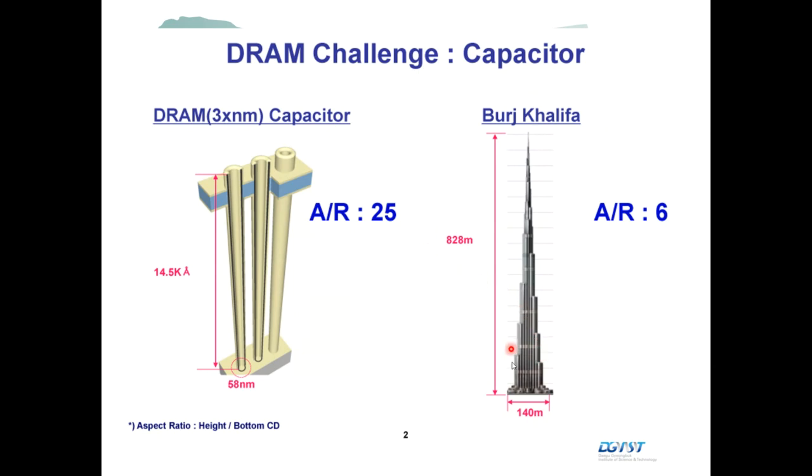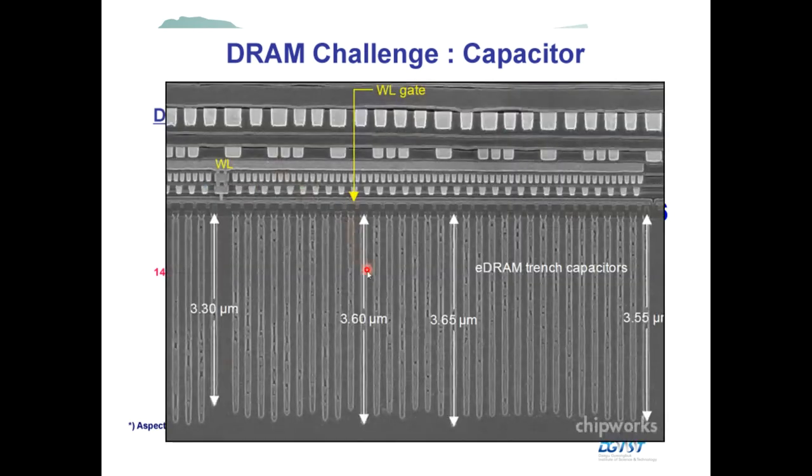The ratio between the height and the bottom, which we call the aspect ratio, is only 6. But for DRAM, the capacitor's bottom size is a few tenths of a nanometer, and the length is more than a micrometer. So the aspect ratio is more than 25. So you may see a real photo.